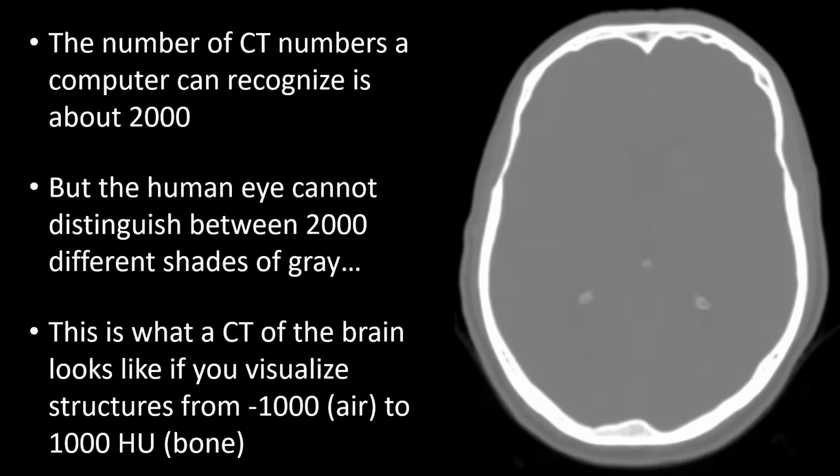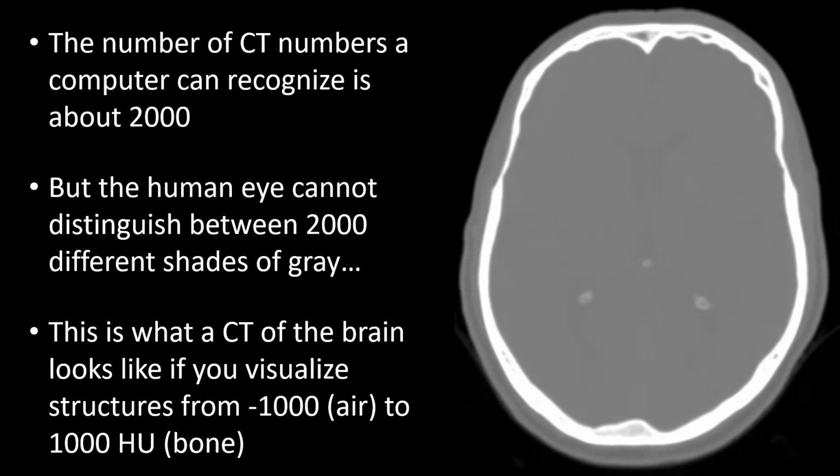Black air, a very dense, hyperdense skull, and everything in between looks grayish. So it's impossible to recognize the structures of the brain. We cannot tell the difference between gray matter and white matter. We can barely discern the ventricles. We can see them a bit, but not as clear as we would like. So this kind of image is definitely insufficient for diagnostic purposes.